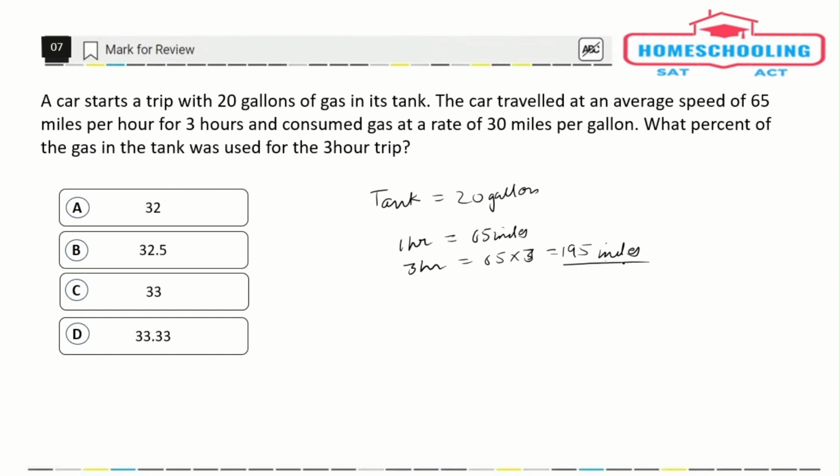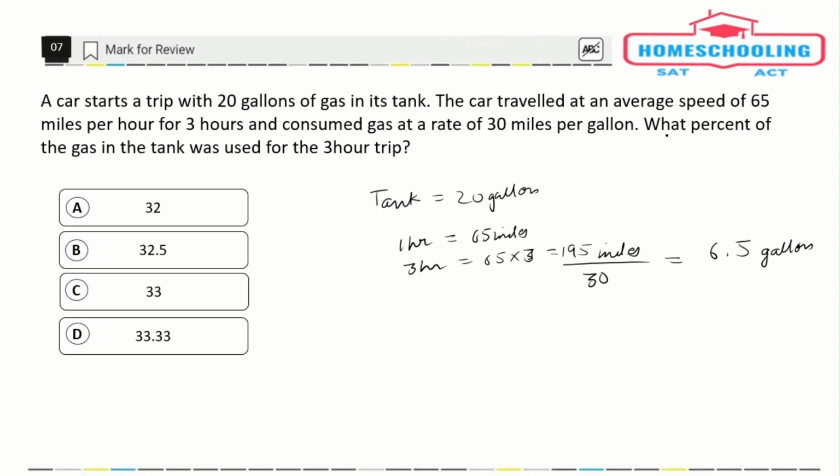The total distance is 195 miles, and per gallon it gives you 30 miles. So 195 divided by 30, that would be 6.5. So to cover 195 miles, the car has consumed 6.5 gallons.